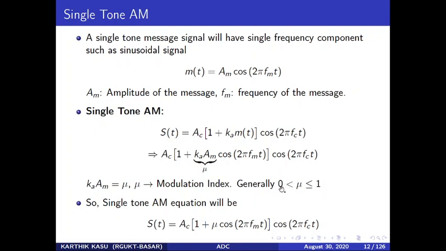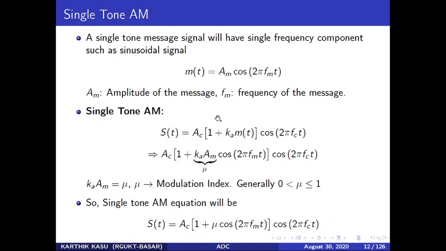As of now, remember the value of modulation index will be from 0 to 1. Now you can further write s of t equal to Ac into 1 plus Ka into Am, that is mu, cos 2 pi fm t, cos 2 pi fc t. This is the single tone AM equation.